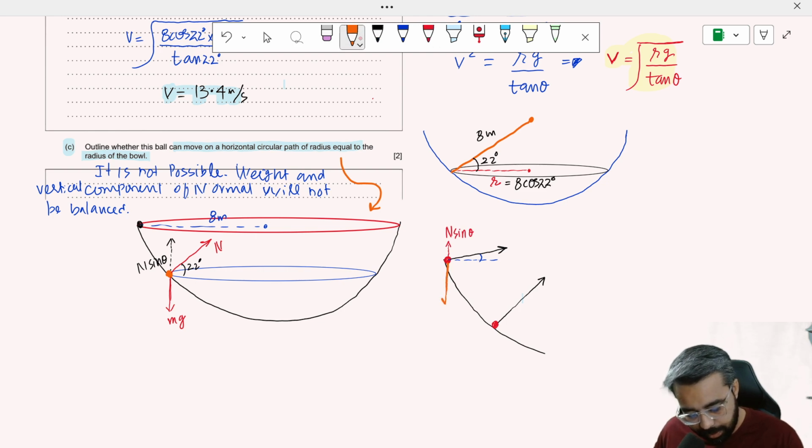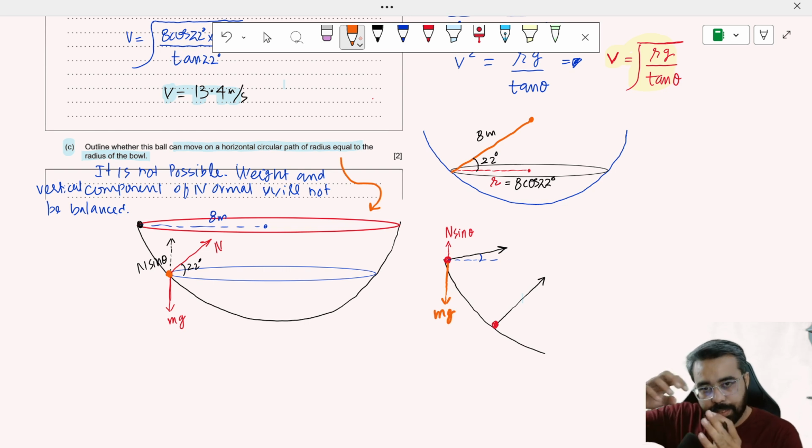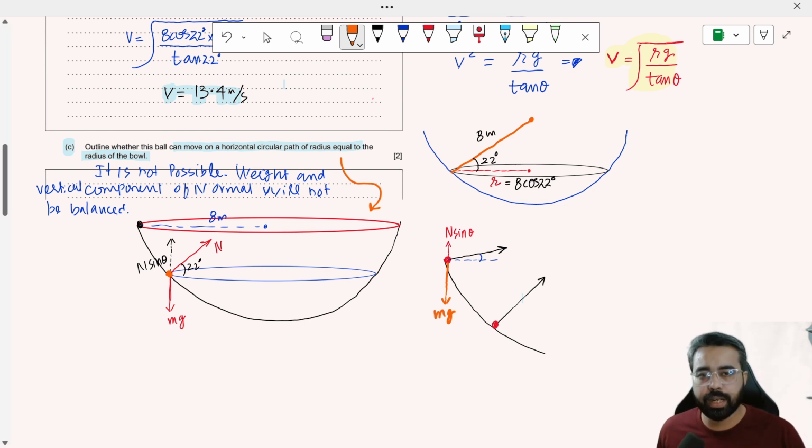Weight is already a constant value downwards. So you see now we are getting a resultant force along the y-axis also, which will push the ball down. So it will not be able to retain its horizontal circular motion at the radius of the bowl for this specific speed. I hope you understand this question.